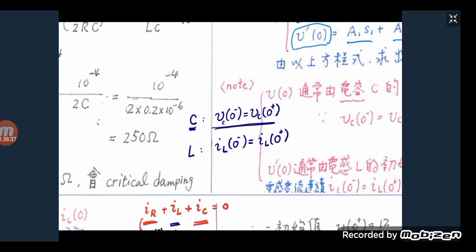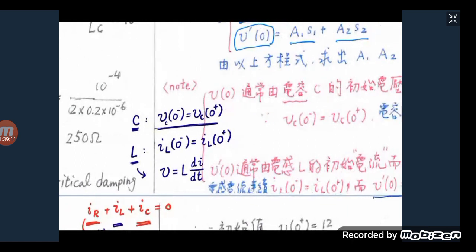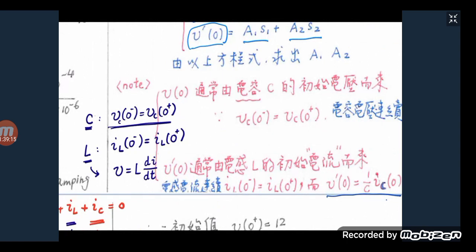But because of L, what's for L? The equation for L is v is equal to L times di/dt. Yes, I guess I'm something wrong.